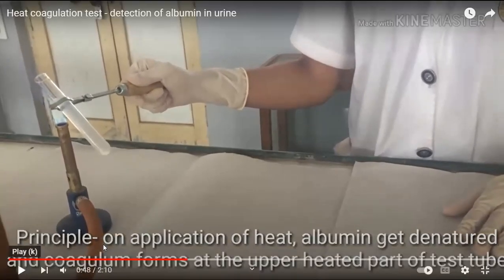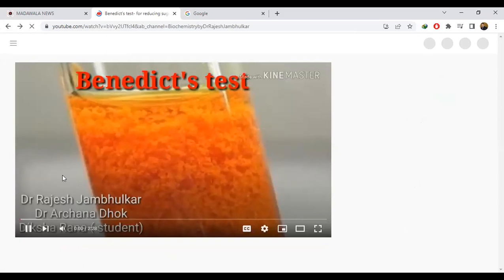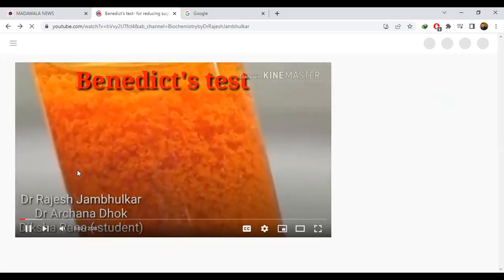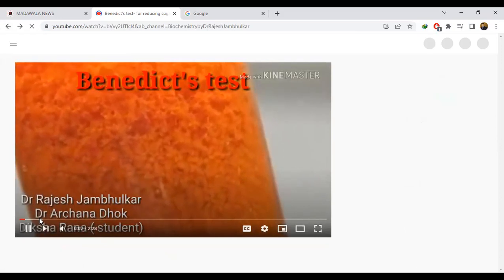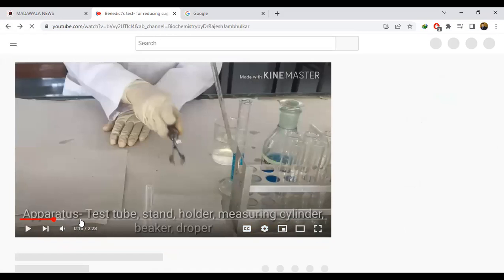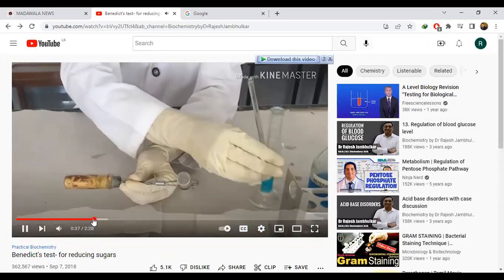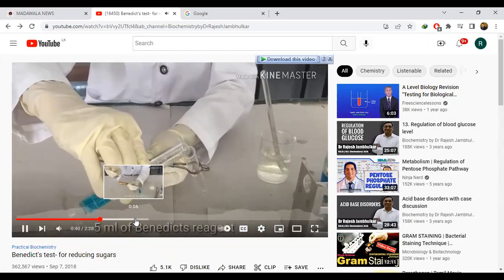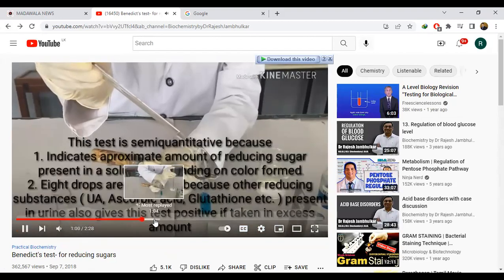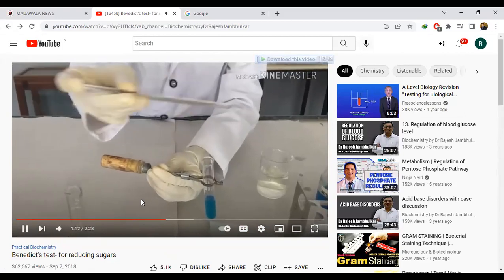Right. So have you seen the practical? Yeah, sir. So what is the color of Benedict solution? Blue color. When we heat it with the glucose solution, we are getting a brick red color precipitate, right?